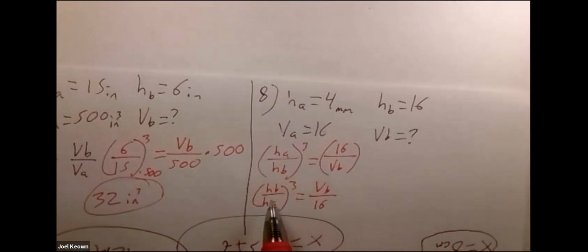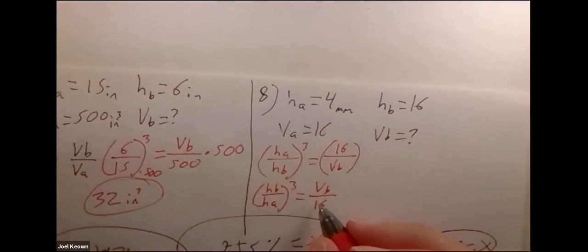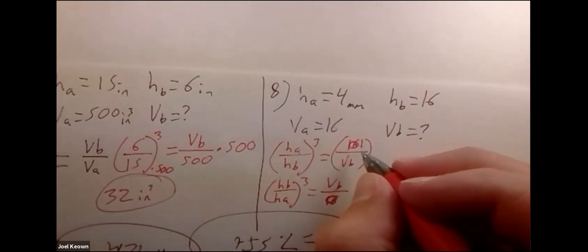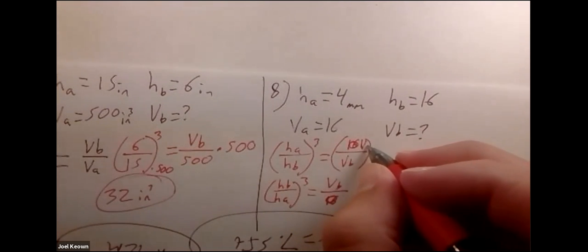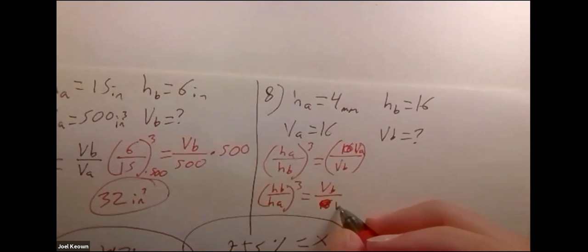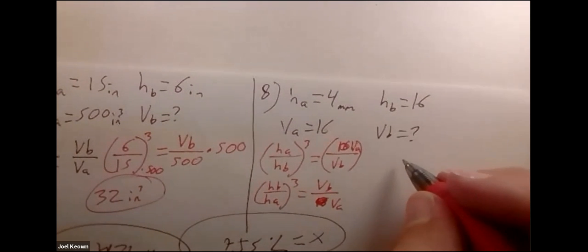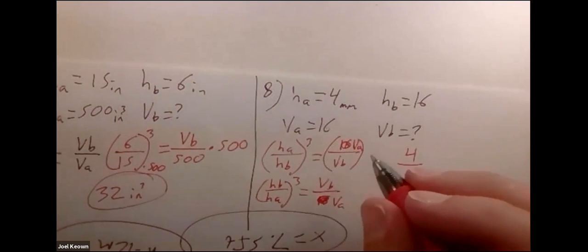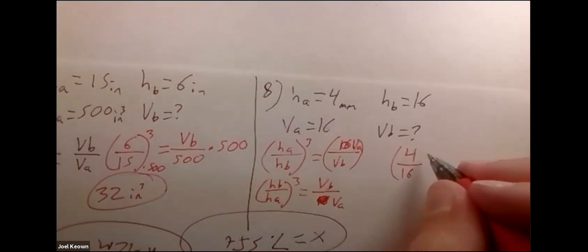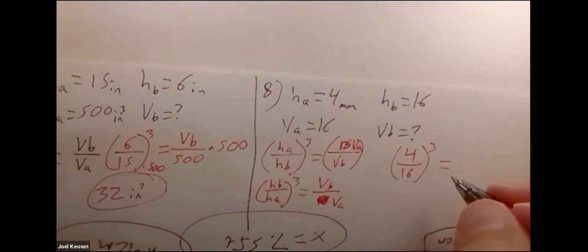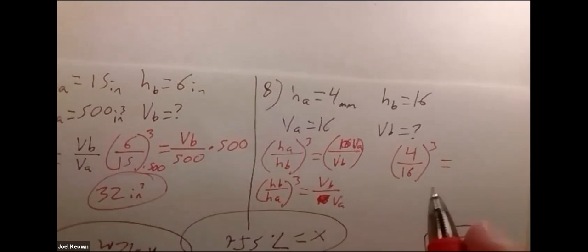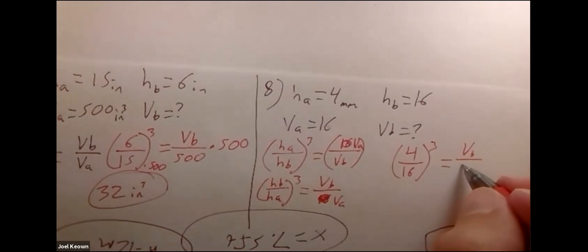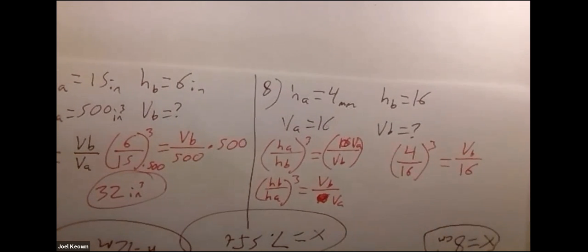Okay. So now I'm going to plug in. My H of A is 4. My H of B is 16. My V of B, my volume of B, I don't know, and it's over a volume of A, which is 16.